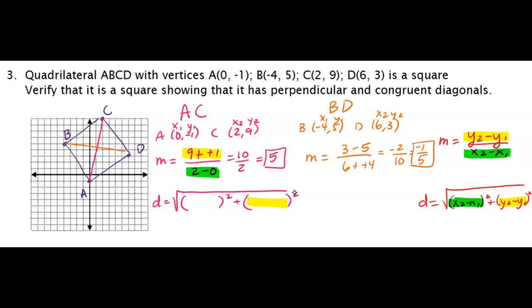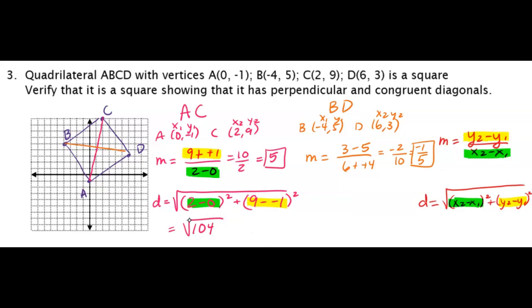So this part will go here. So I'm going to put 9 minus -1 in my yellow parentheses, and then 2 minus 0 in the green parentheses. And now we can simplify. So I'm going to put everything that is underneath the radical, but not the radical itself, into my calculator. And that's going to give me 104.